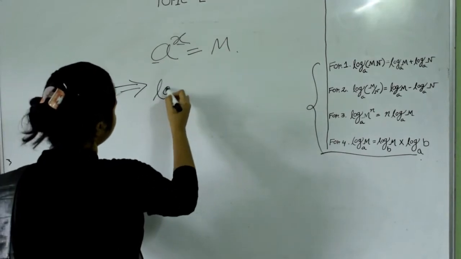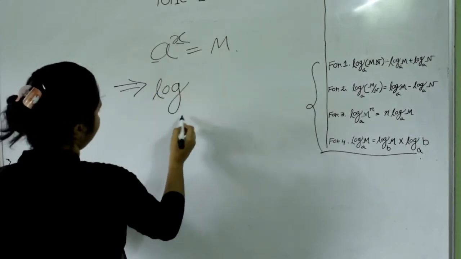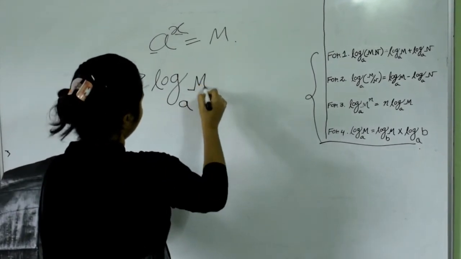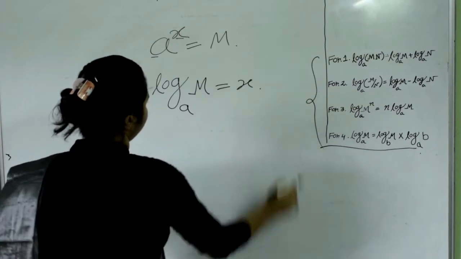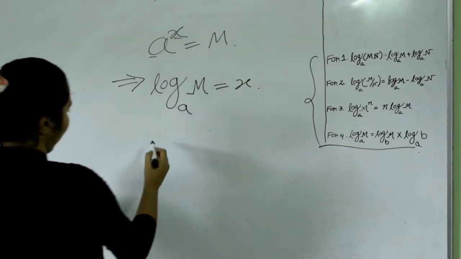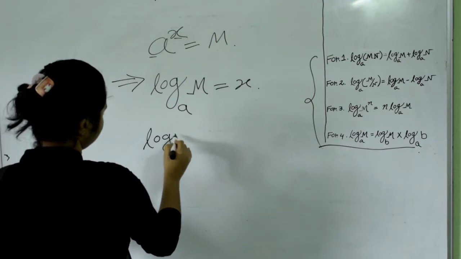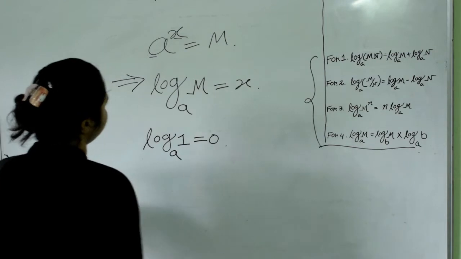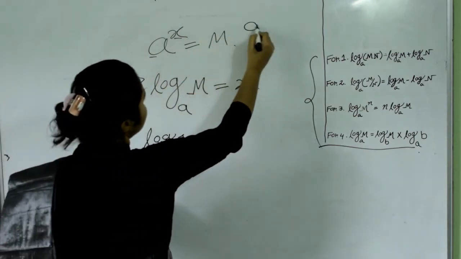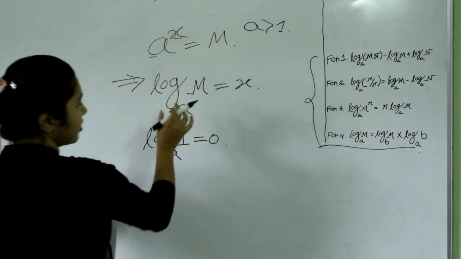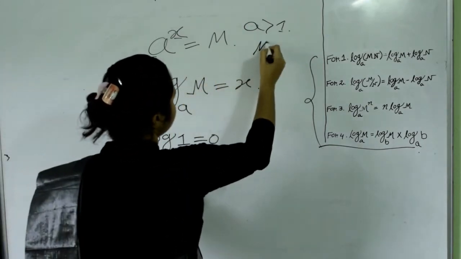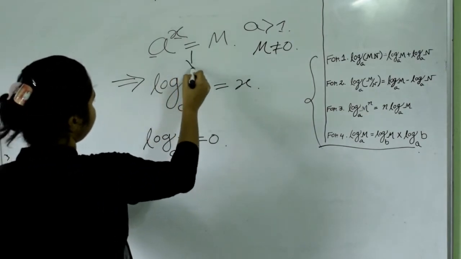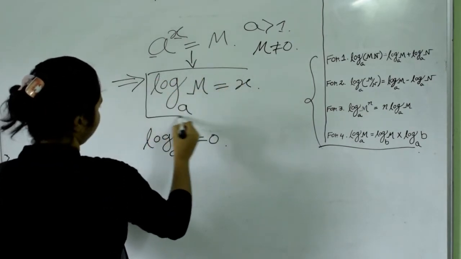If we write it in terms of log, we write log with base a of m is equal to x, where a is greater than 1 and m is not equal to 0. Then we can write any expression in terms of log.